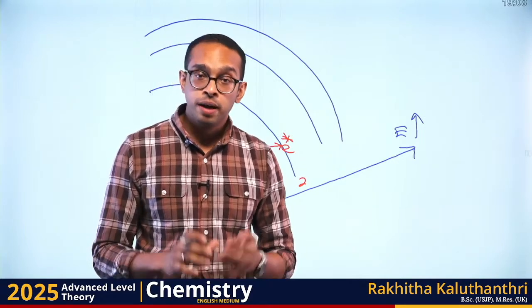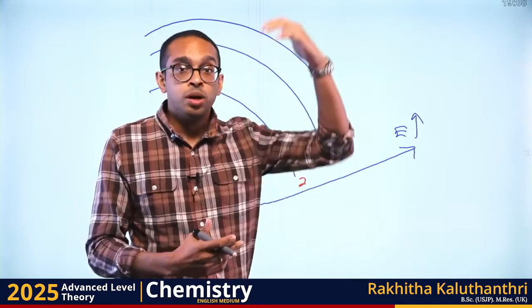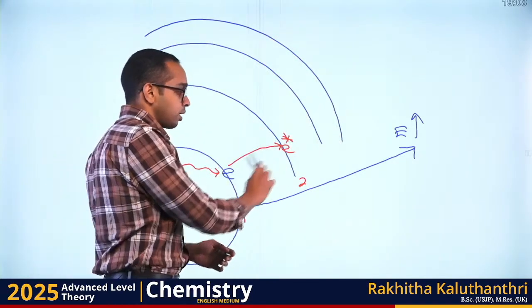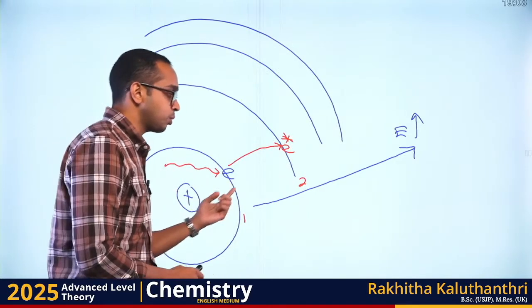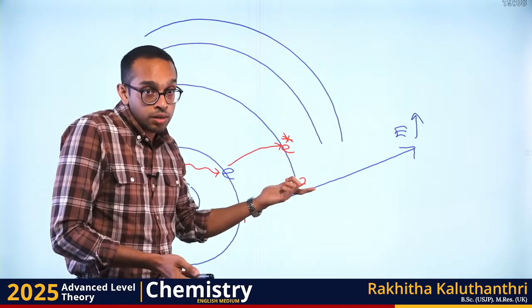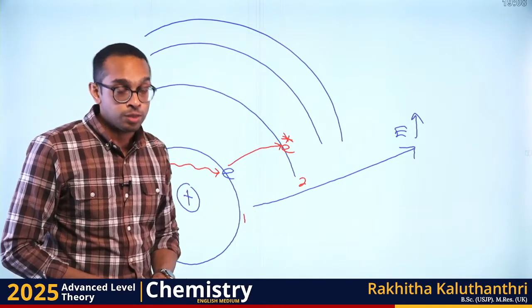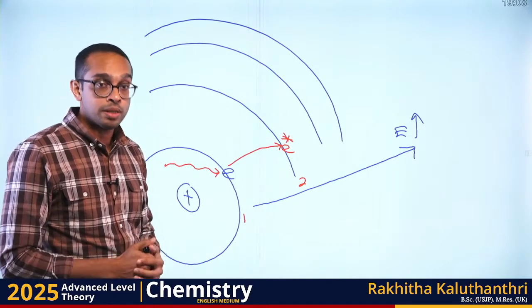And when you provide it with energy, if it absorbs energy and moves into a higher energy level, keep in mind it can only absorb the correct energy value. For example, let's say the energy gap between the first and second energy level is 15 kilojoules per mole. I know that's a large value, but for this example, let's take that value.